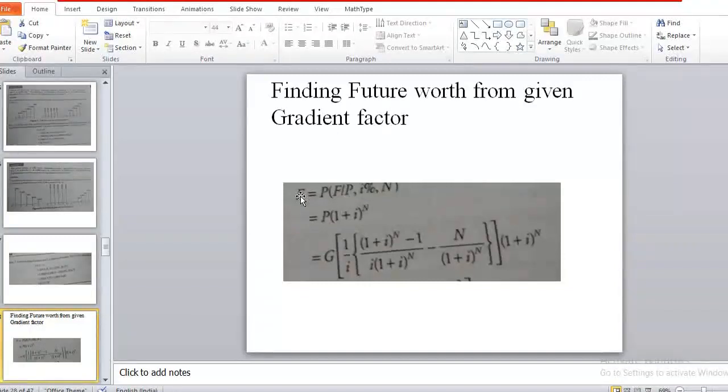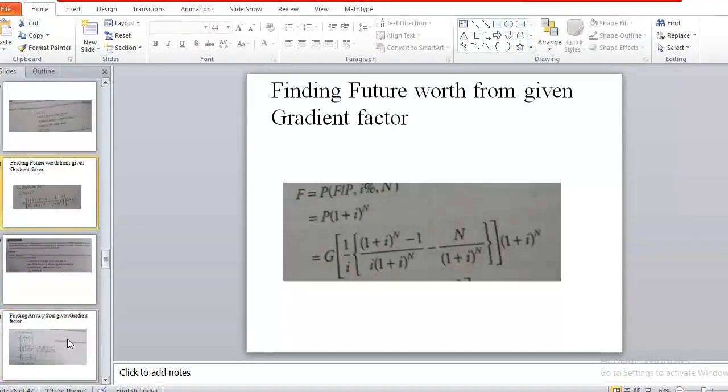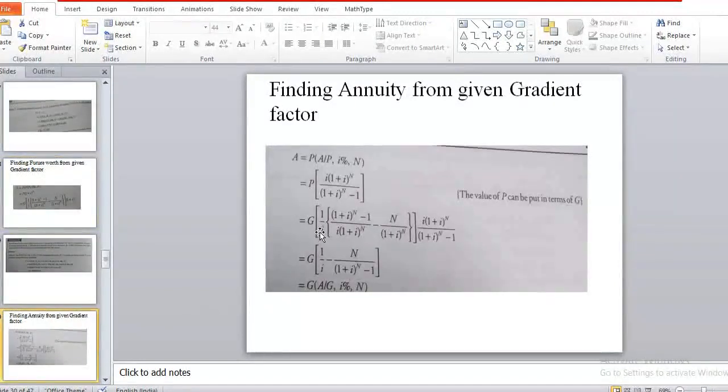Similarly, we can find the annuity A from the given gradient factor. To find the annuity, we have this formula: P into this bracket. This P value is again put here from the given gradient formula, and the formula is modified like this.